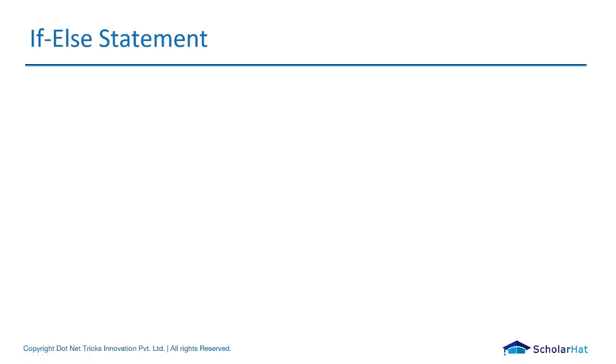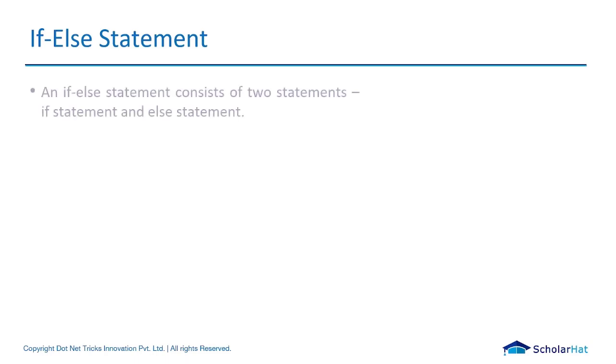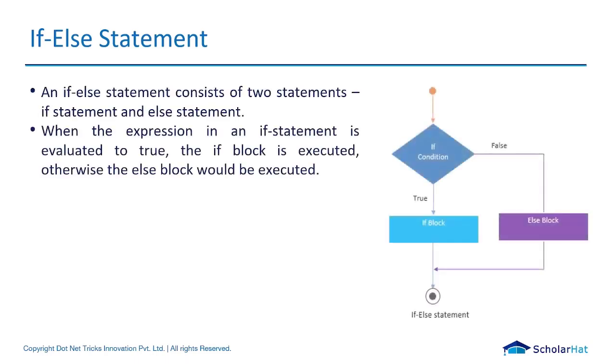Similarly, the else statement also comes into the picture. So what does the else statement mean? An if-else statement consists of two statements, if statement and else statement. When the expression in an if statement is evaluated to be true, the if block is executed. Otherwise, the else block will be executed. What we studied in the previous if statement is that this condition is there.